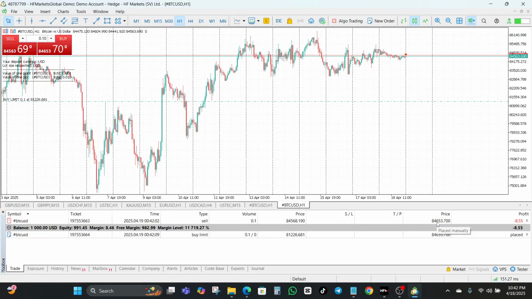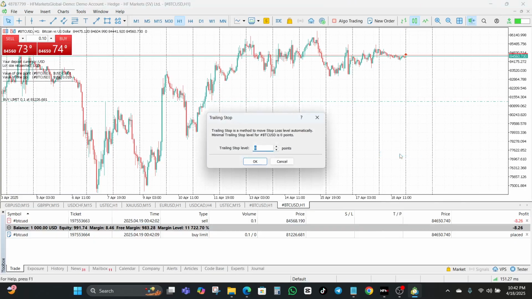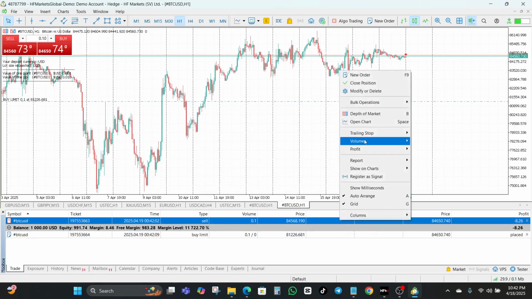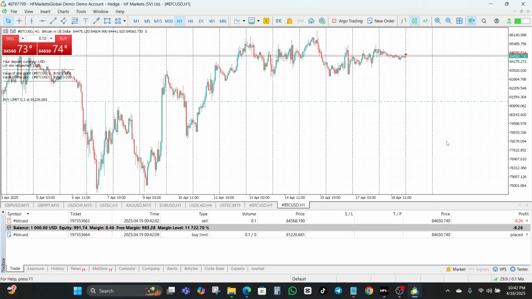Then you just right click on the trade in the terminal window. You hover over trailing stop and select the number of points that you want for the trail. You can choose a preset or click custom to enter your own value. Once you have selected the number of points that you want, you click on OK.